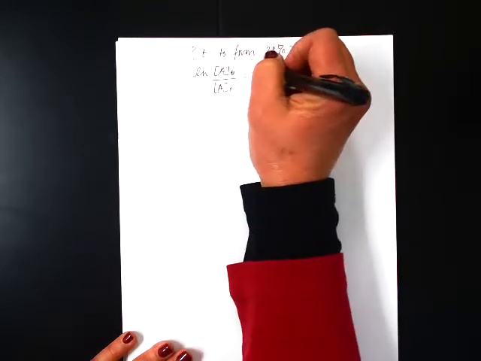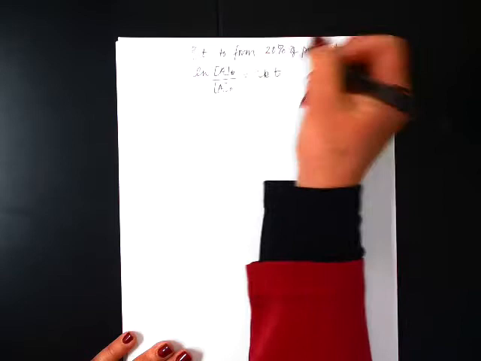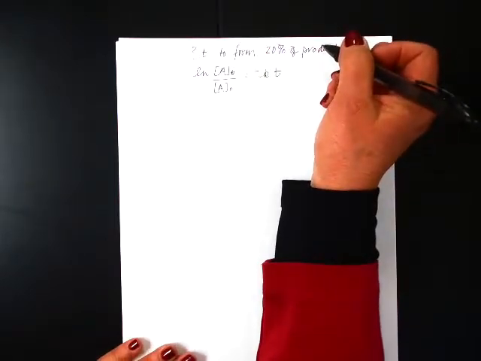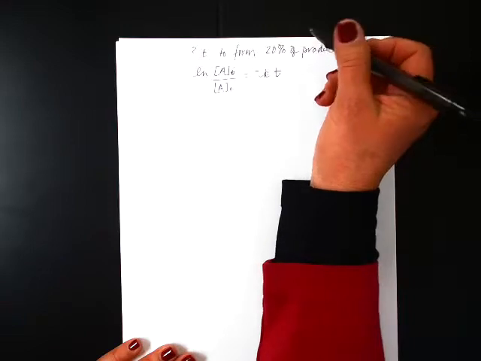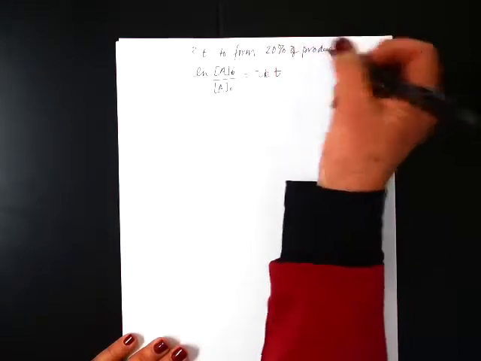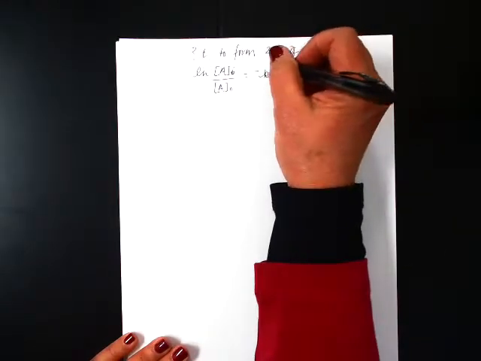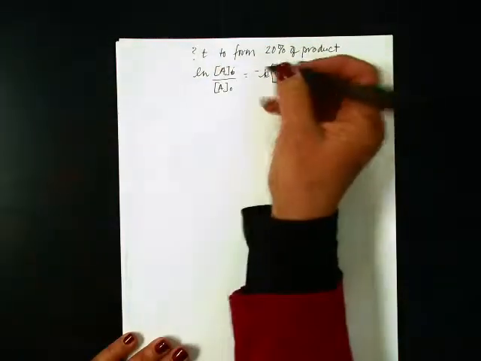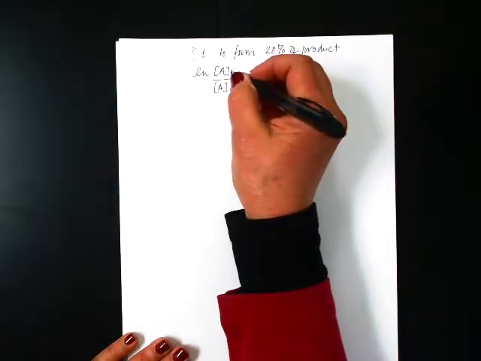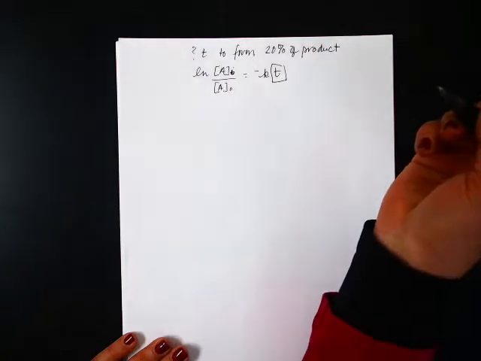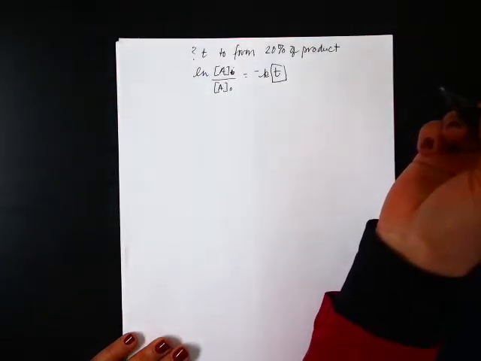We are looking for t, and we calculated the rate constant in part A. So we need to define what the concentration of A is at time t and A initially.